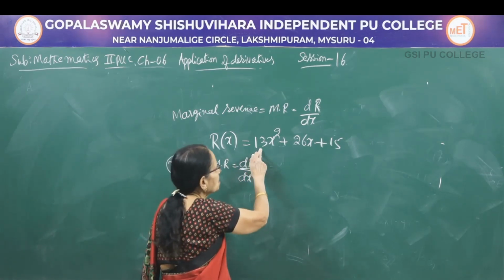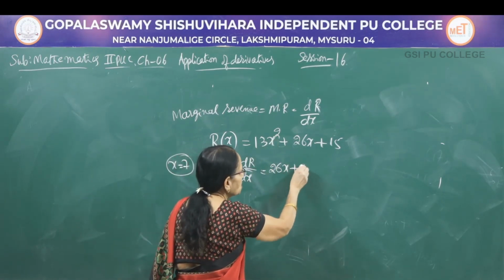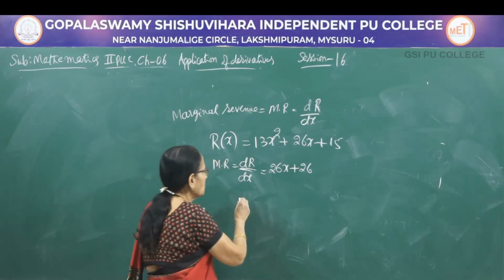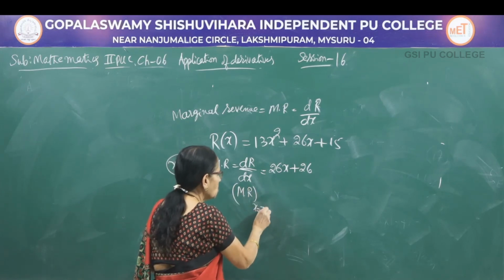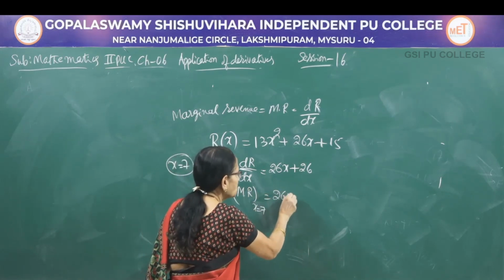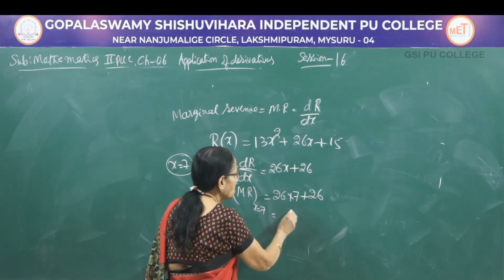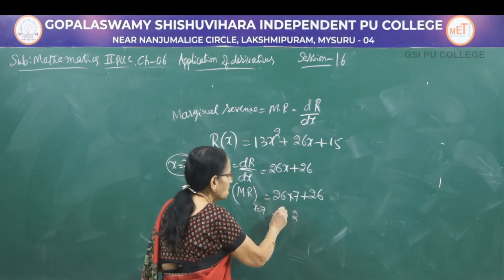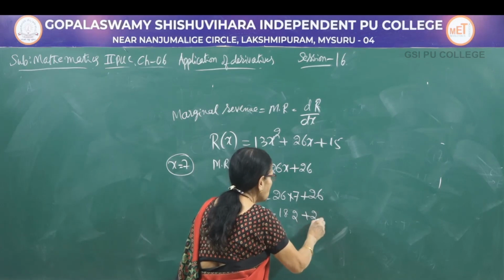So differentiate. 13 into x square becomes 26x, plus 26. What is the value of x here? 7. Therefore, the marginal revenue when x is equal to 7 is 26 into 7 plus 26. You multiply: 7 6s are 42, 4 carried, 7 2s are 14 plus 4, that is 18, plus 26.